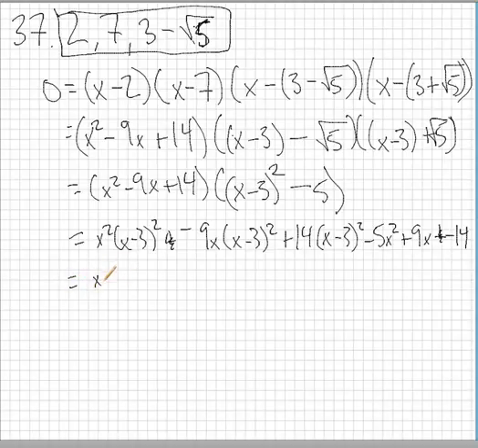So this is going to be x squared minus 6x plus 9. Same thing here, 9x.